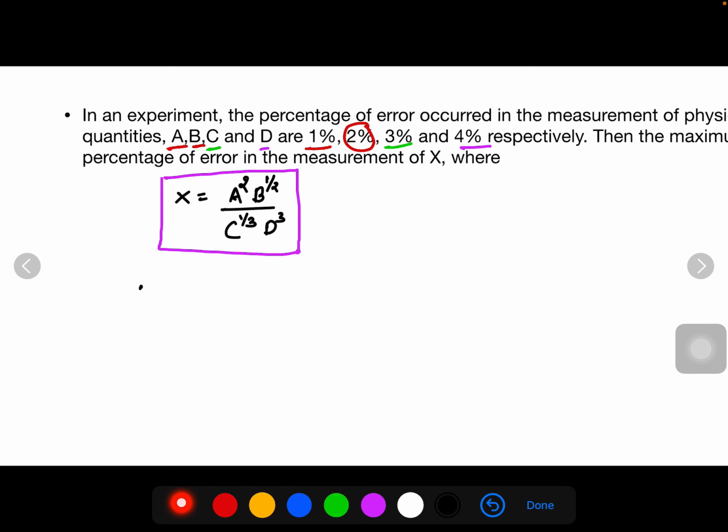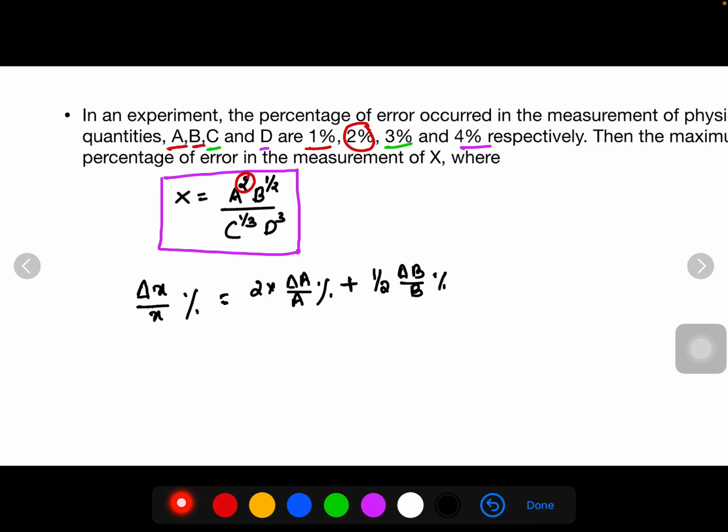So the percentage error in the calculation of x is: look at the power of a, which is squared, so you write 2 times delta a by a, that is the percentage error of a, plus, since there is multiplication, you add the relative errors. So plus the power of b is 1 by 2, so 1 by 2 times the percentage error of b.